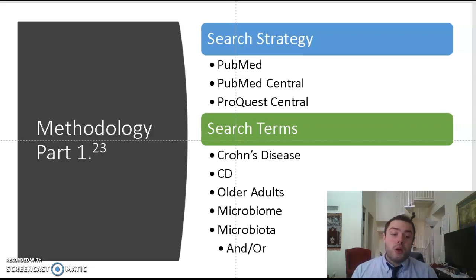The search databases utilized were PubMed, PubMed Central, and ProQuest Central. The search terms that were used included Crohn's disease, the letters CD, older adults, microbiome, microbiota. It also included the word adults and other terms that were related to the research question.